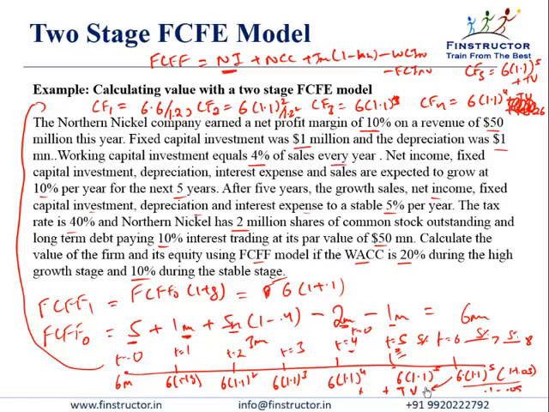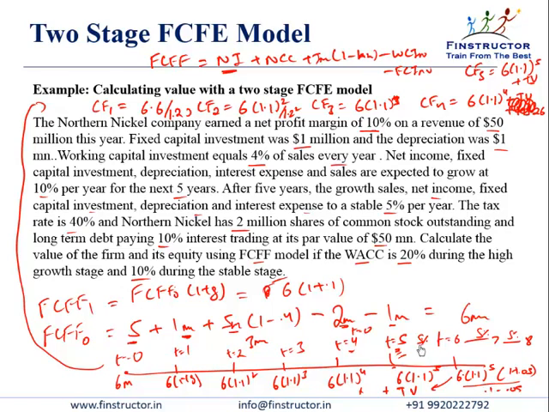We then need to input all these parameters into our cash flow sheet and calculate the value at t equal to 0. So enter CF1 as 6.6, which is to be discounted back by 20%. CF2 as 6 into 1.1 to the power 2, which has to be discounted back by 1.2 square, and so on and so forth. CF5 will be 6 into 1.1 to the power 5 plus the terminal value that we have calculated as shown.